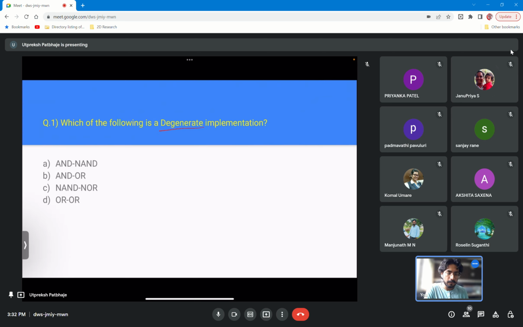Yeah, Janapriya? AND-OR. Yeah, as I was saying, there is not only one option which is true for this, and I am asking which is a degenerate implementation. Okay, one is pretty straightforward here, the D option, OR.